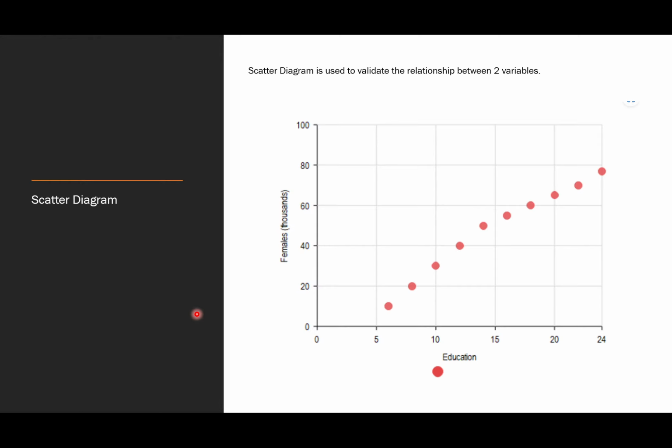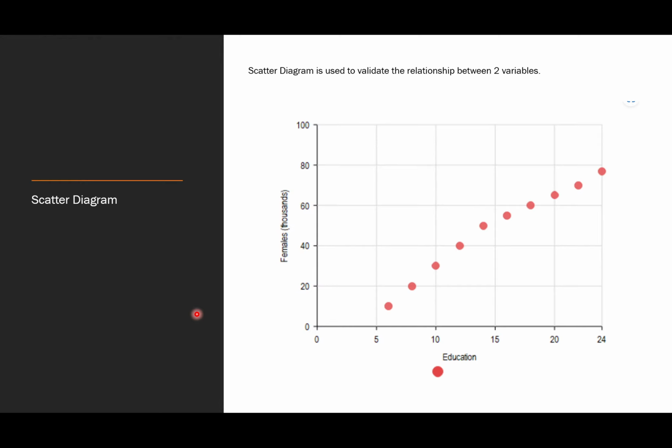If I have to quote an example, when one human being completes graduation and another completes intermediate, what are the chances that they will get job opportunities? So if we need to check the relationship between two regions, we will use the scatter diagram.